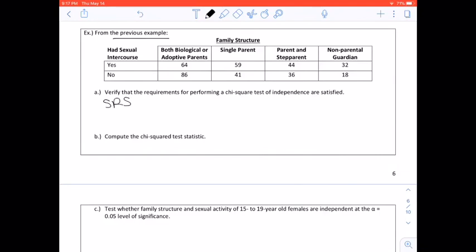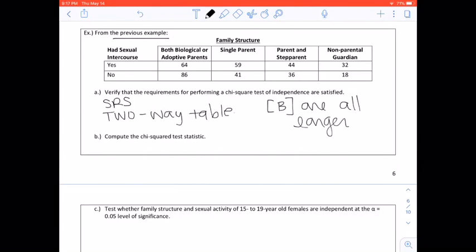And it has to be a two-way table. And the expected counts have to be at least 5. So matrix B, which is where we had our expected counts, are all larger than 5. So that means that we are able to perform this test.